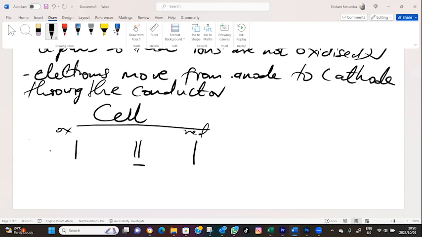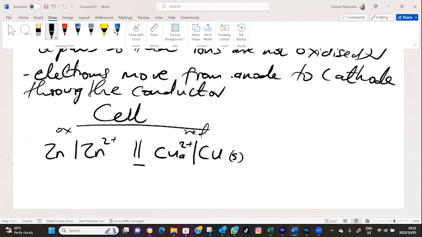Now, with oxidation, zinc solid loses electrons. Then those electrons are gained by copper, which is inside the solution, and then it becomes solid.